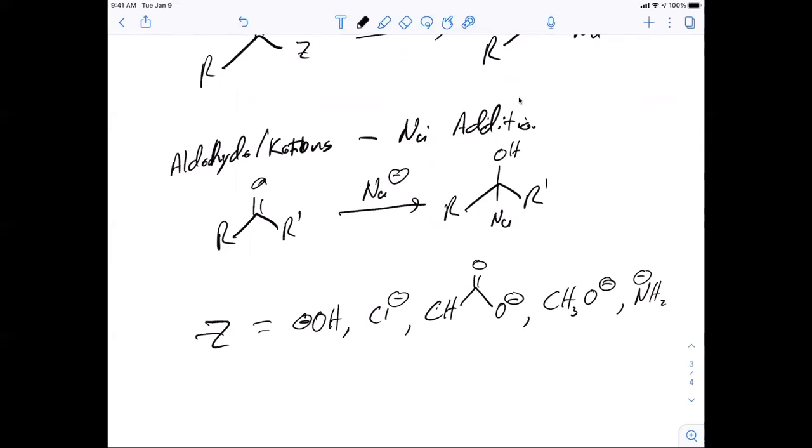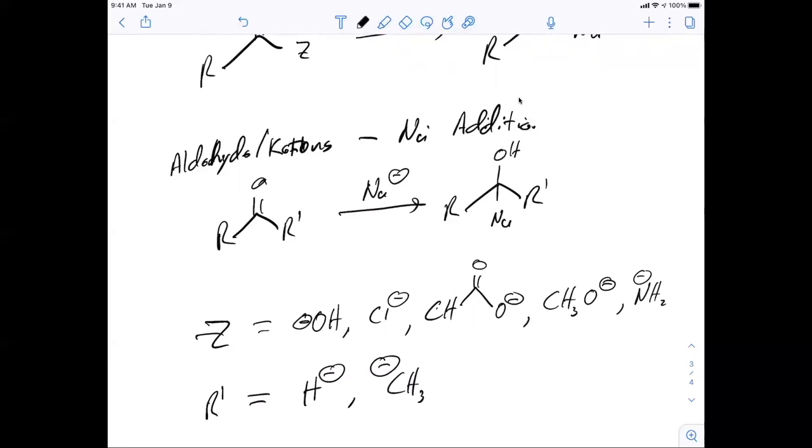Now the nitrogen negative is a little bit less so, but we can see how having a negative charge on all of those is not going to upset our stomach much. We've seen this: a chloride negative, no problem. But when we look at aldehydes and ketones, now we're talking about a hydrogen negative or a carbon negative.